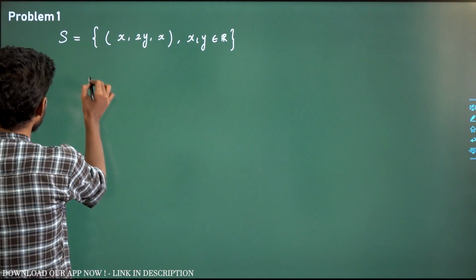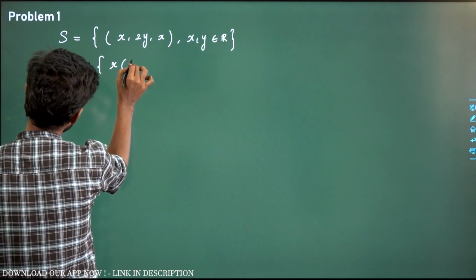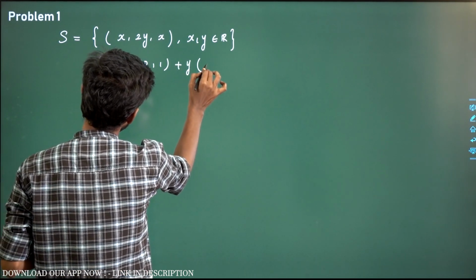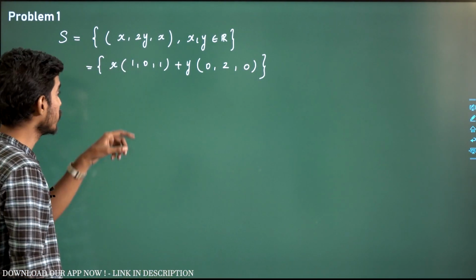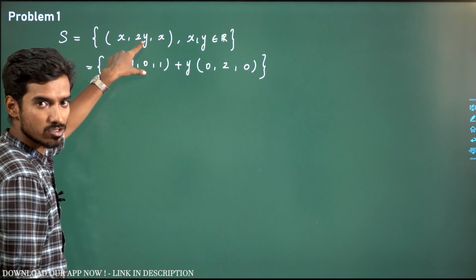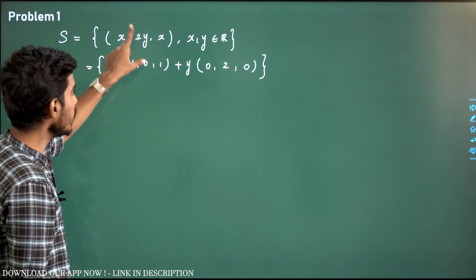So what I can do is I can write this as x times (1, 0, 1) plus y times (0, 2, 0). So both are the same. If I take x outside, I get 1, 0, 1, because there is no x term in the middle, and if I take y outside, there is no y in the first and third positions, and in the middle we have 2.